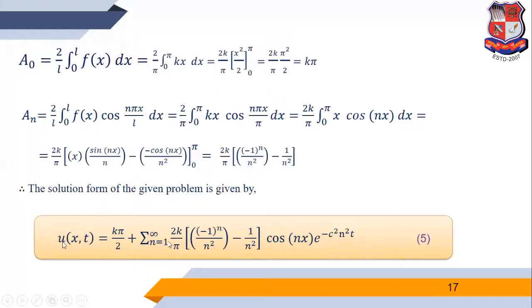So this is the solution of the given problem whose both ends are insulated, length of the rod L is equal to pi and initial distribution temperature is kx.